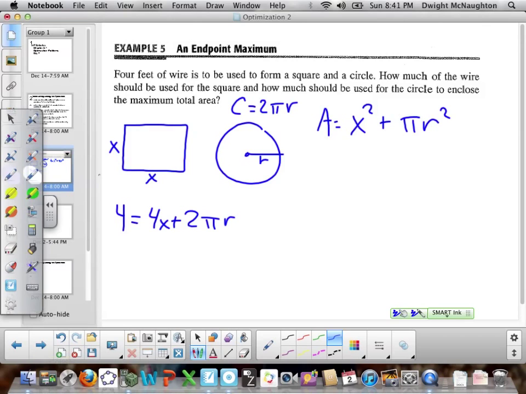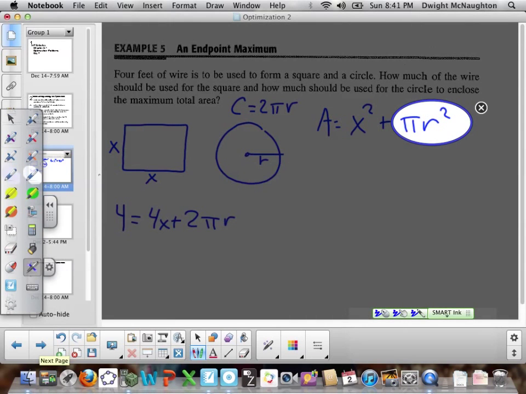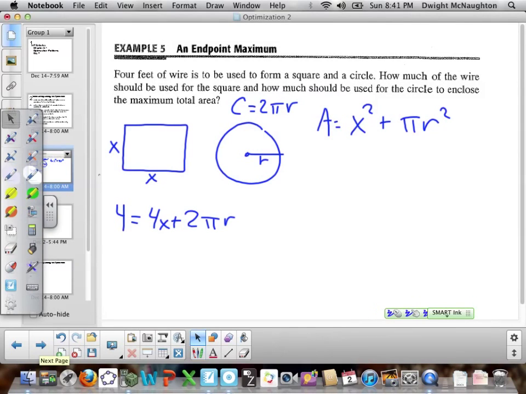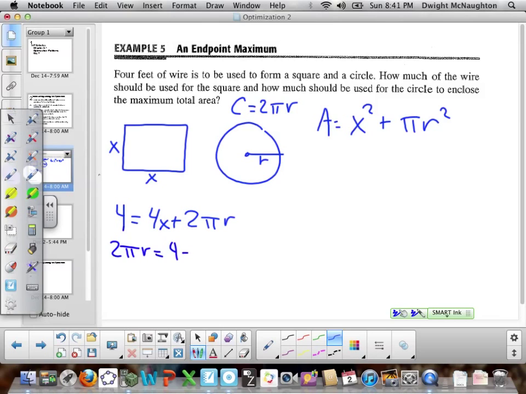Because this r has got that pi by it, I'm going to get rid of it, and solve for r. So 2 pi r equals 4 minus 4x, and we'll divide: r equals 4 minus 4x over 2 pi. You can simplify that, multiples of 2 top and bottom: 2 minus 2x over pi.